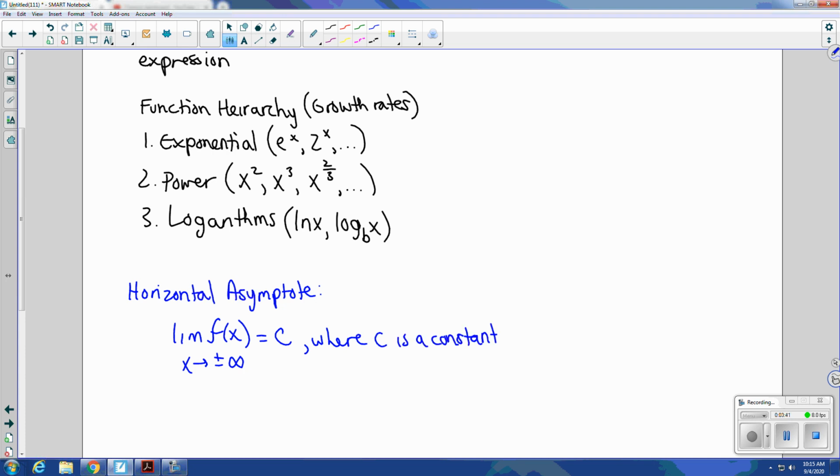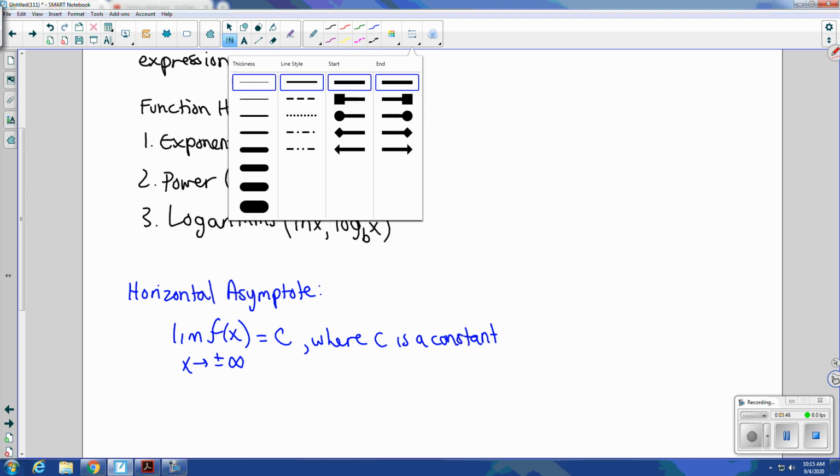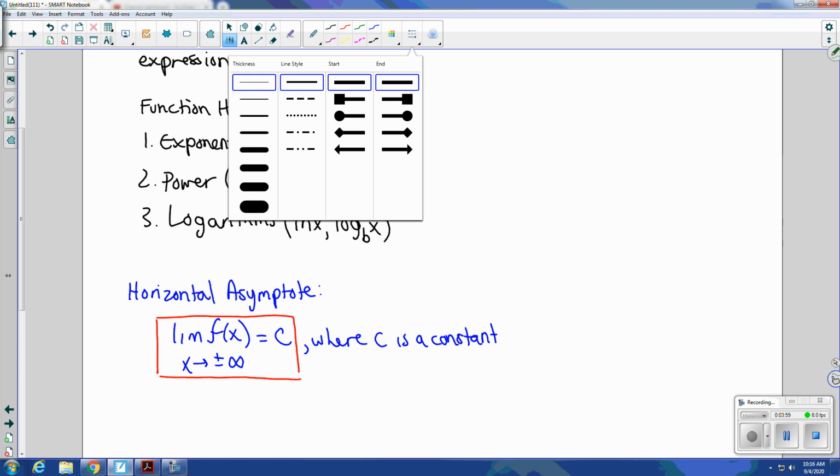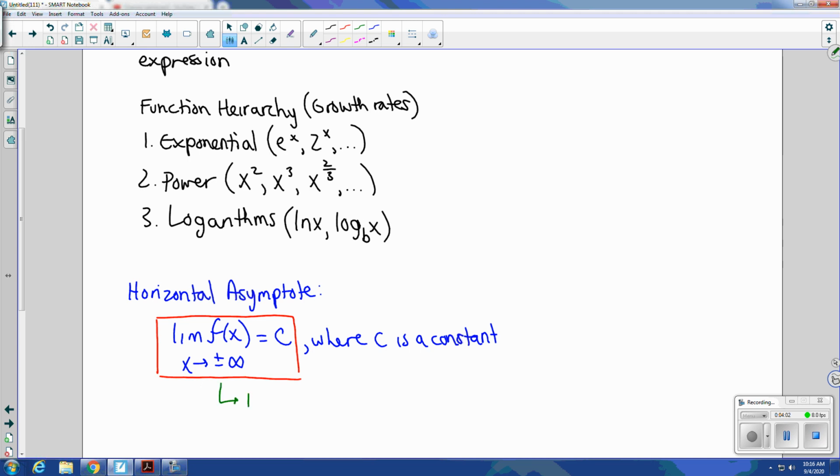I need you to know this definition and this notation. If this occurs upon your evaluation, you just revealed a horizontal asymptote at y equals c. So if the limit of the function as x goes to positive or negative infinity equals a constant, you just identified a horizontal asymptote.